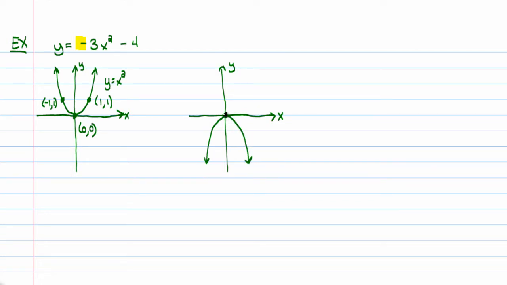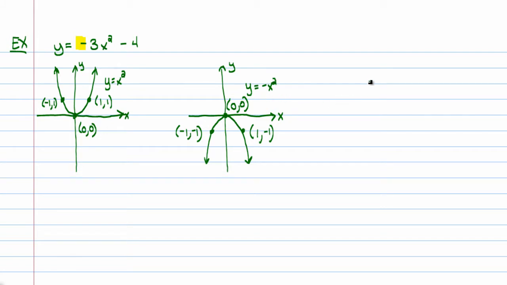It's just been flipped upside down. The vertex is still at 0, 0. These 2 points, which were at a height of 1 before, are now at a height of negative 1. So that's a graph of y equals negative x squared.